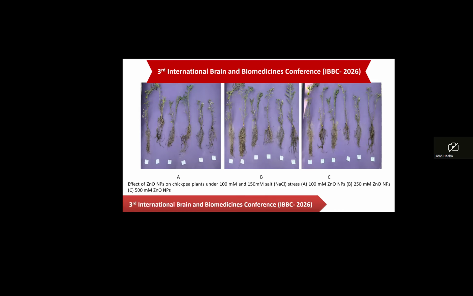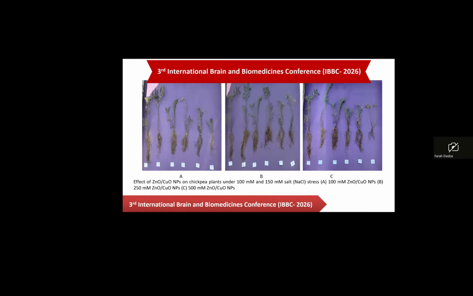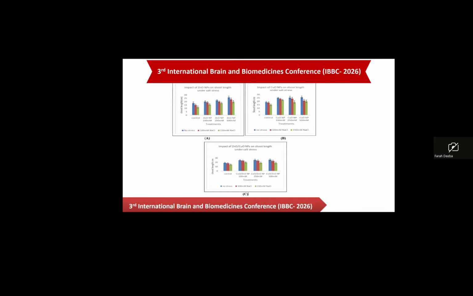The image provides visual support that foliar application of nanoparticles helps to reduce the salinity damage. Among the treatments, higher nanoparticle concentrations, especially the 500 millimolar, which is shown in part C, appear to produce stronger growth responses. And this figure is for the zinc oxide nanoparticle. The same was observed for the copper oxide and for the zinc oxide-copper oxide nanoparticle.